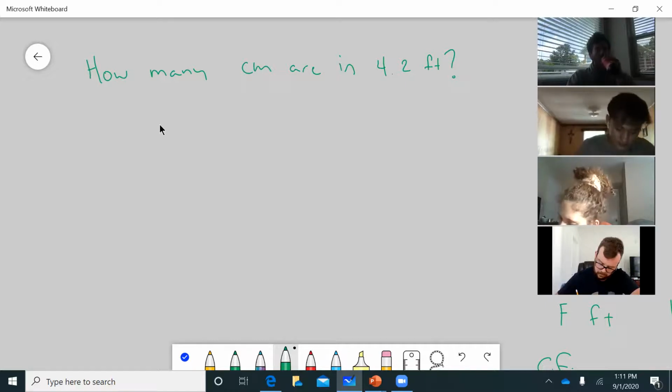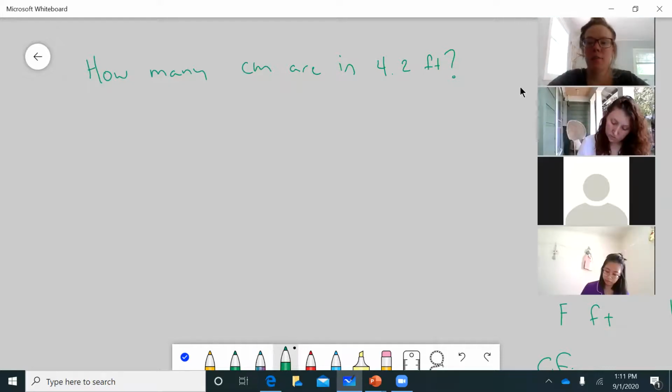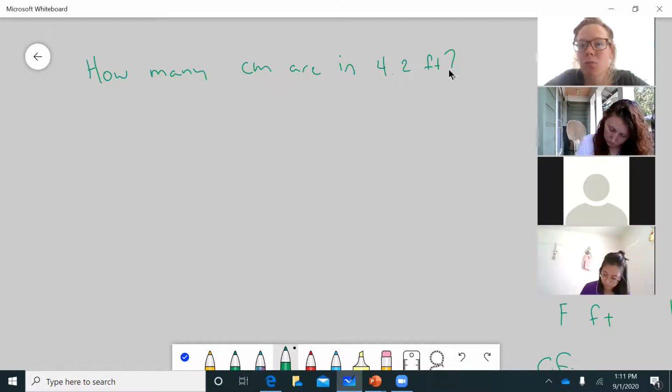When looking at this problem, just because I've done so many conversion factors, I know this is probably easiest. It's going to be a 2-stepper because I don't know a direct relationship between feet and centimeters. You may know the conversion between feet and centimeters somewhere in your brain, but I don't.